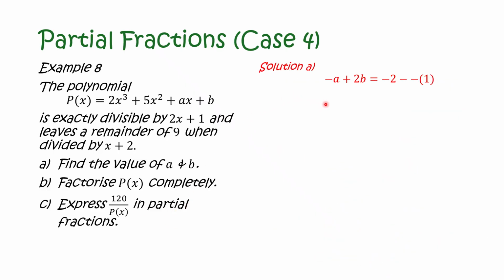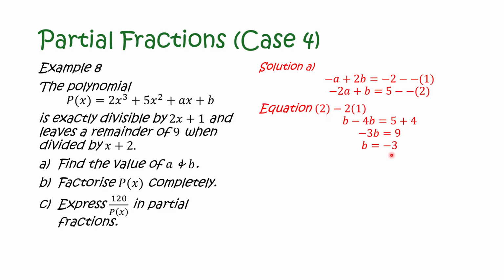So we've got two equations, two unknowns, so we can find a and b. In this case, from equation 1 and equation 2, we can have equation 2 minus 2 times equation 1, so that we eliminate the a. We are going to have b minus 4b is equal to 5 plus 4, which simplifies to minus 3b is equal to 9.